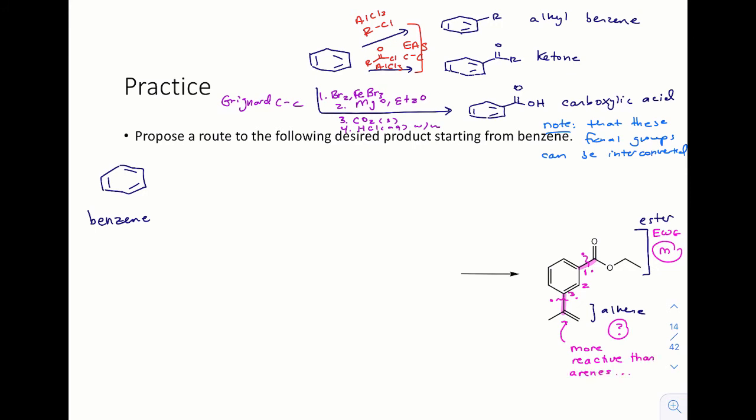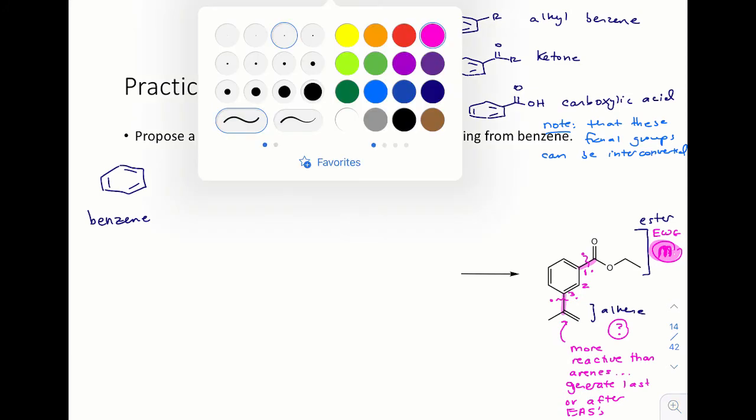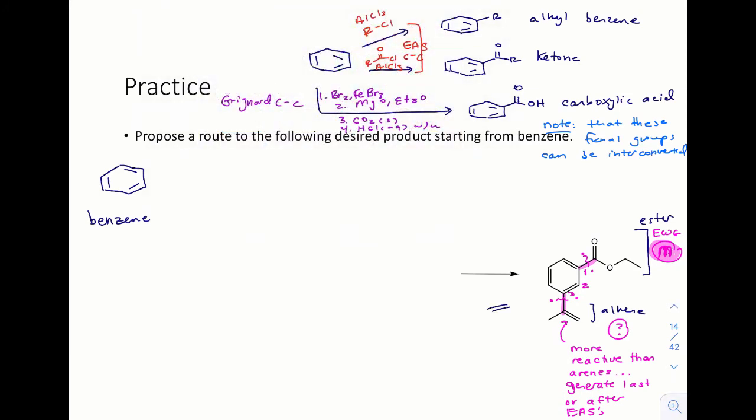So I probably want to generate this last, or at least after I'm done with the electrophilic aromatic substitution reactions to the ring. And that's fine, since the ester is a meta director, we're pretty sure we will install that group before we install the alkene. But while we're thinking about the alkene, and since we think we're going to generate it last, continuing with our retrosynthesis, let's consider how alkenes are made.